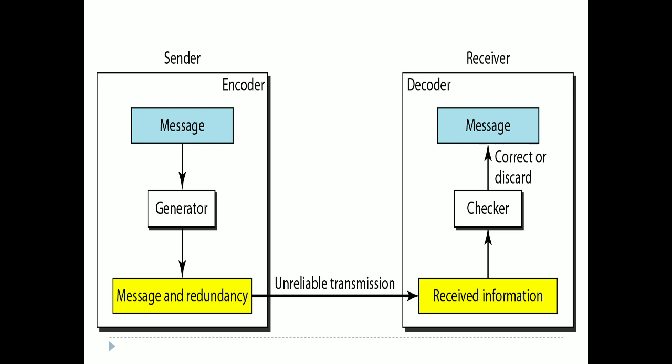Otherwise, the message is discarded and an error occurs. So the message and redundancy go through unreliable transmission, and the receiver checks whether the transmitted message is correct or wrong.